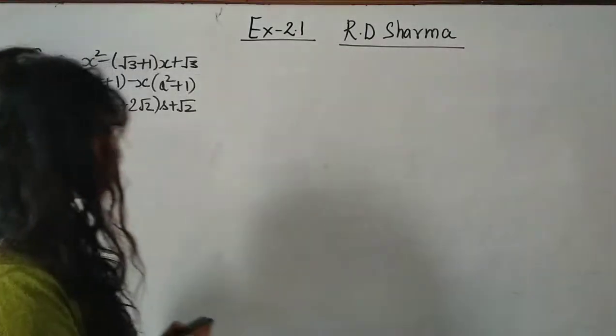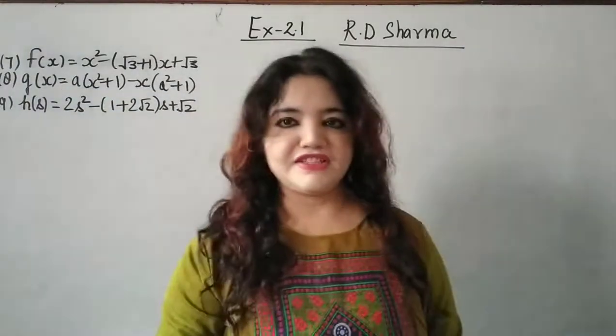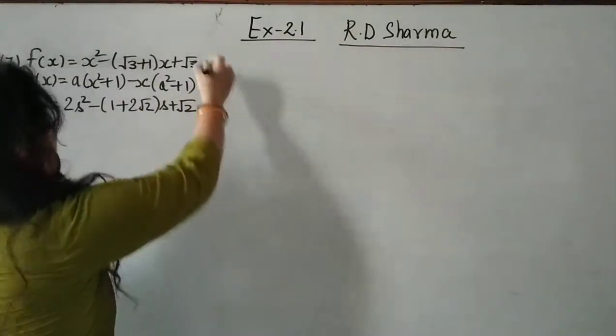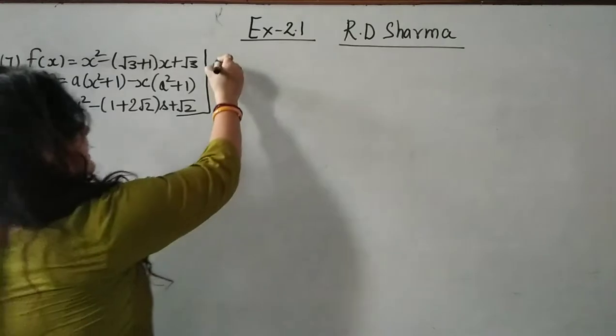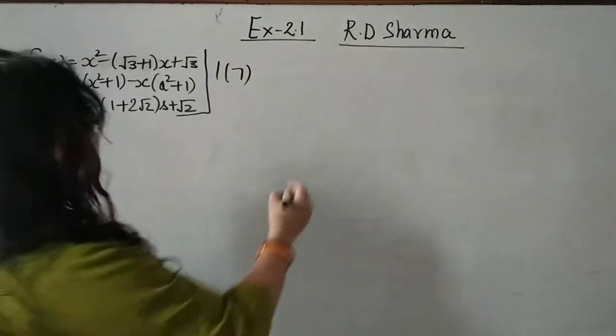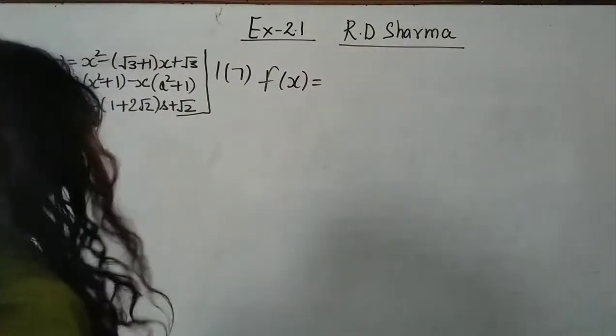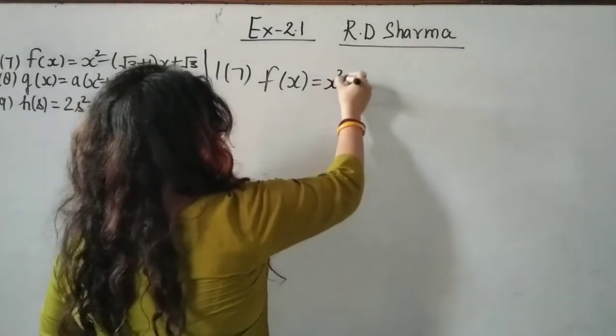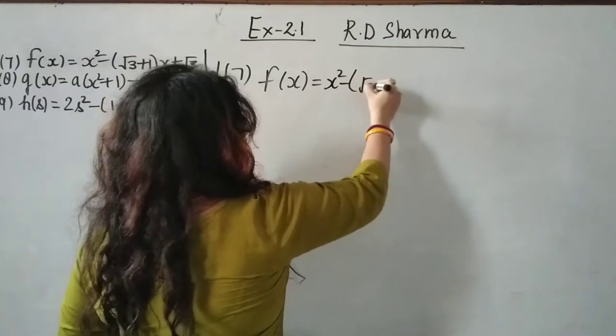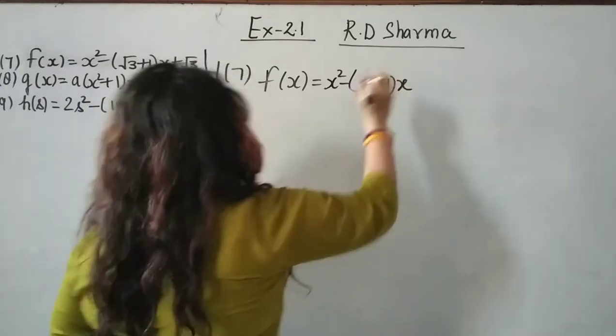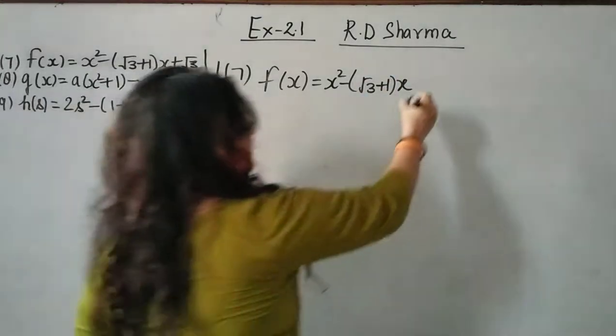So now I'm going to take sum number 1(vii). Here f(x) is equal to x square minus (root 3 plus 1) x plus root 3.